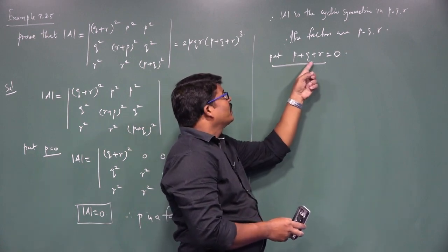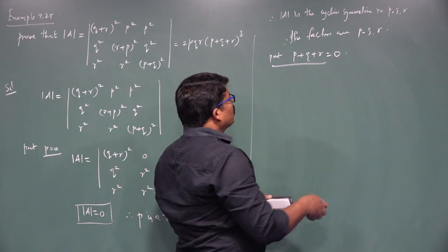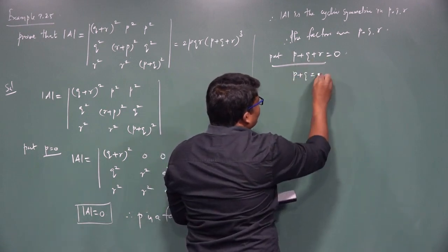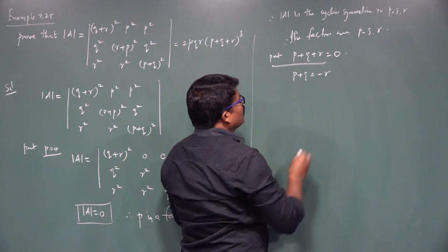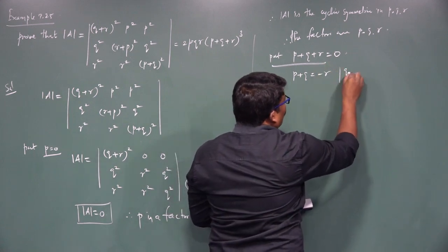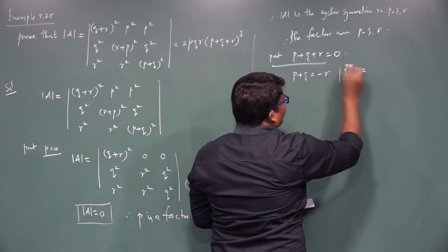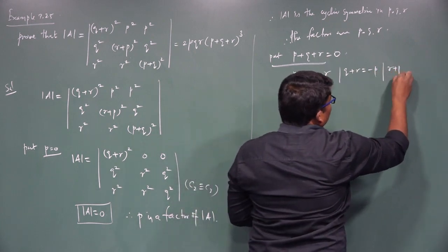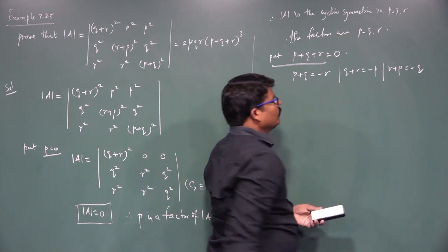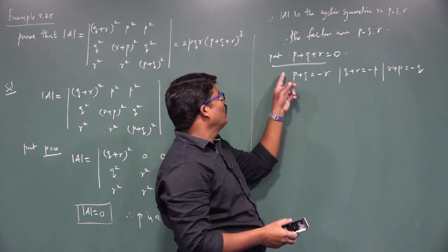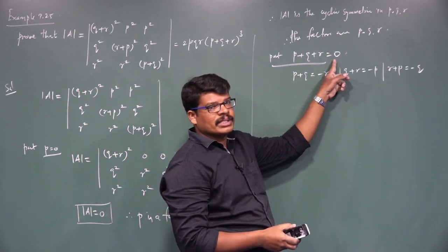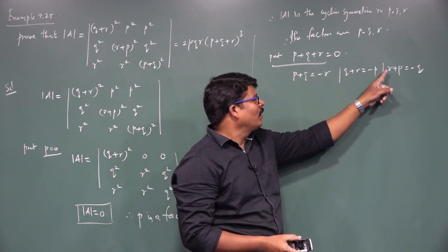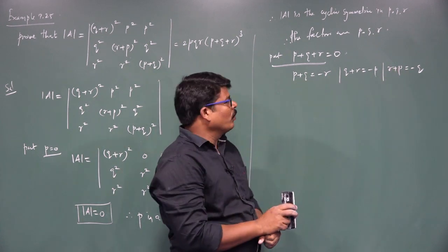Now p plus q plus r equal to 0, so p plus q equals minus r, q plus r equals minus p, and r plus p equals minus q.